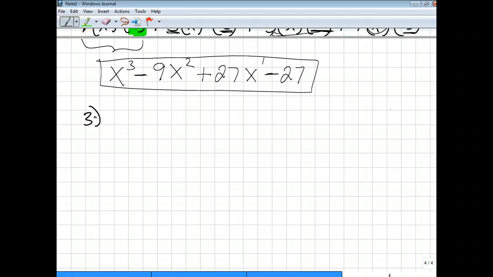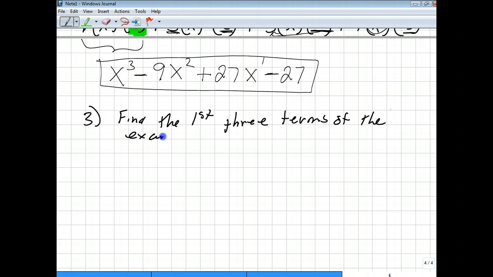So if I wanted to find the first 3 terms of the expansion of 2x minus y to the 6th.